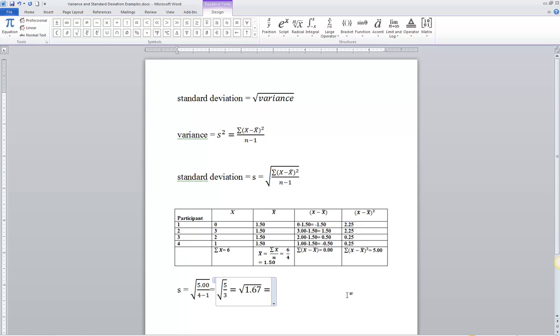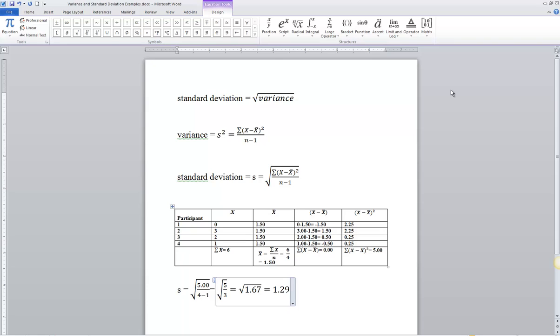Square root. And I get a big, long, crazy number, right? 2, 2, 8, 4, 7. And I'm going to round that to my nearest hundredth place. Because the 2 was under 5, we don't round up the 9. So your standard deviation for this example is going to be 1.29.